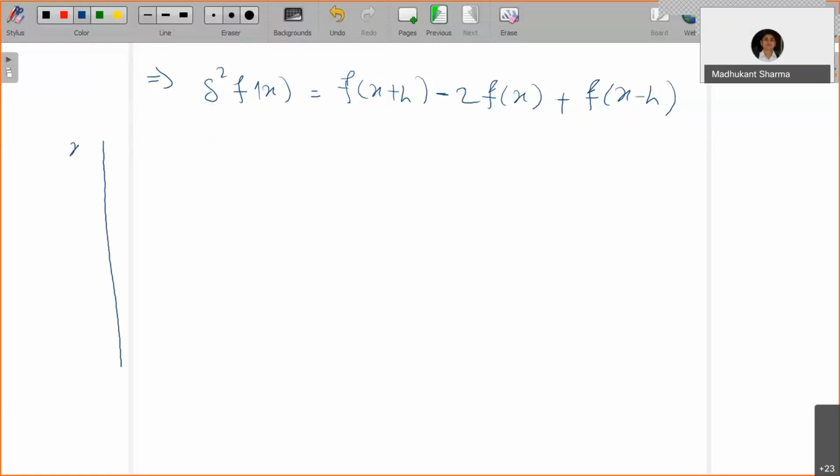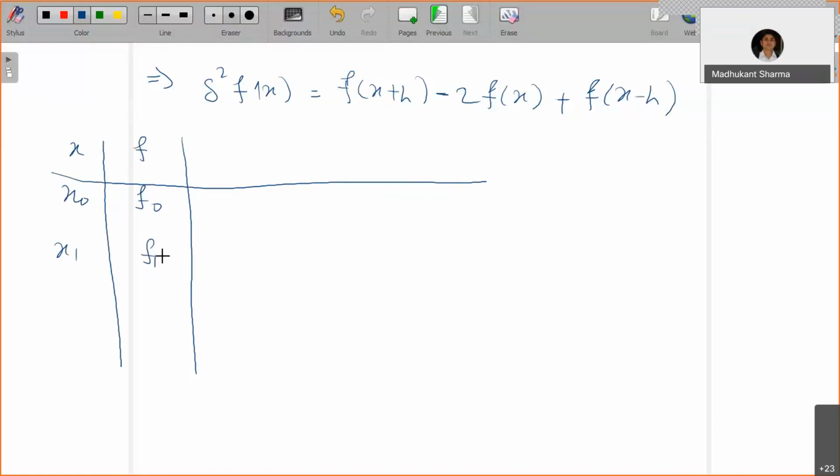You have x and f: x naught f naught, x1 f1, x2 f2, x3 f3. So the first central difference will be what? f1 minus f naught, what will it be?